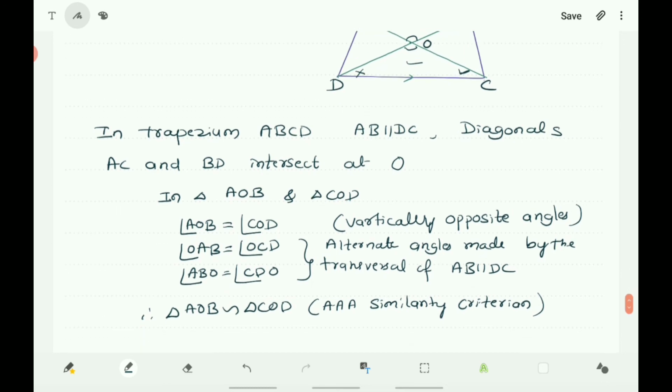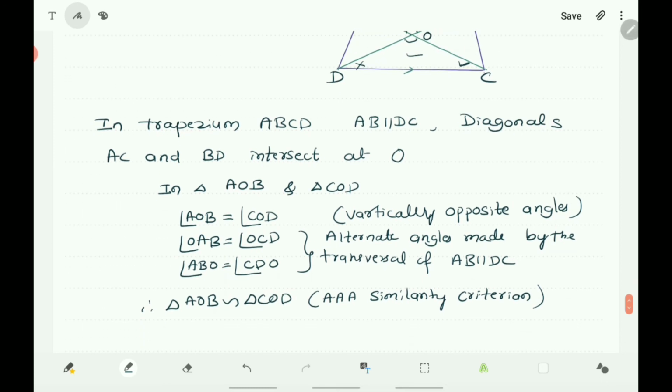Here you know that AO by CO, or OC, is equal to BO by DO, because in order you can take AO by CO and OB by OD. This way, if you write the angles in order, you will get the sides also in order.